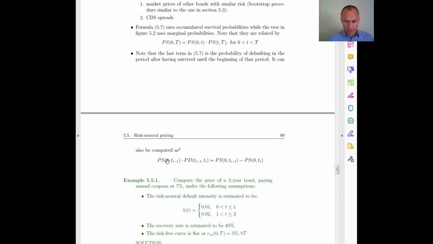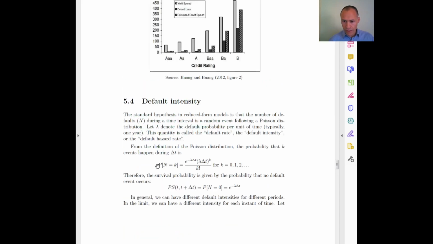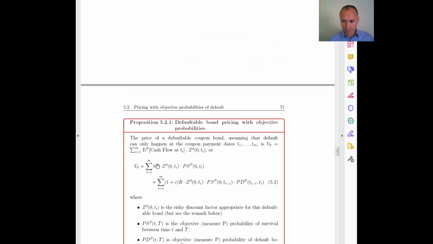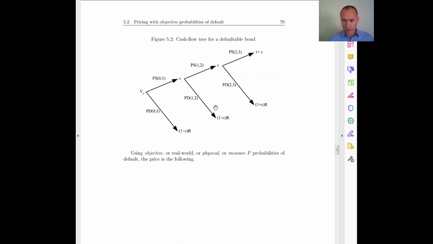Okay, and if you think of a tree like you had here before, what we're saying in that formula is that the probability of going from here to here to here and then defaulting here, so the probability of this branch, can be computed just using probabilities of surviving.